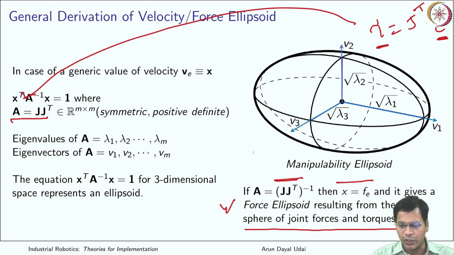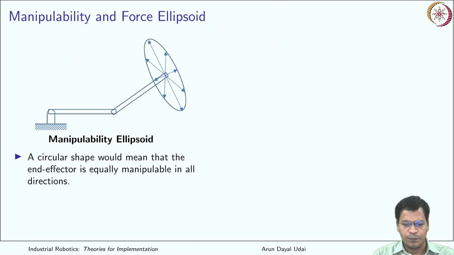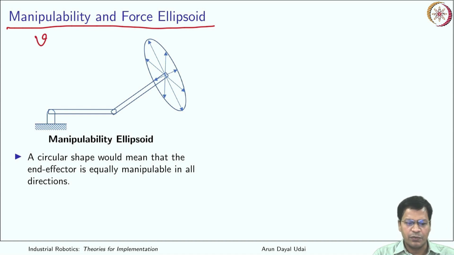And you see both are orthogonal to each other. If the velocity ellipsoid is like this, the force ellipsoid will be like this. So now I'll compare both of them, manipulability and force ellipsoid, that is velocity and force ellipsoid. A circular shape would mean that the end effector is equally manipulable in all the directions.